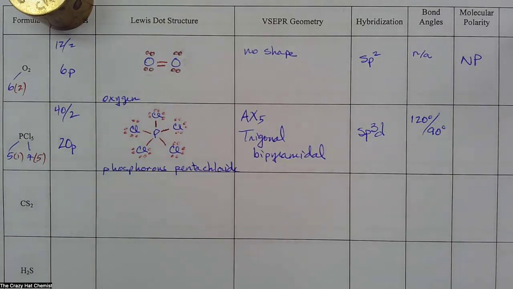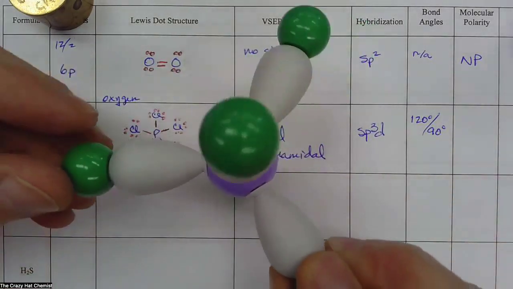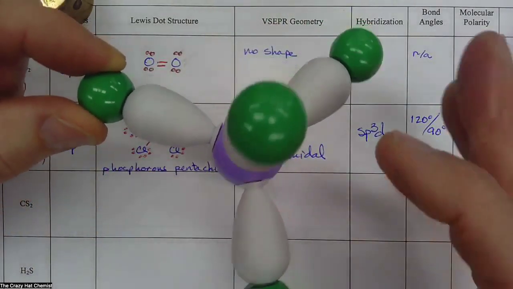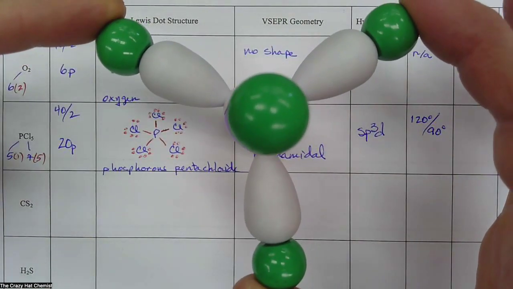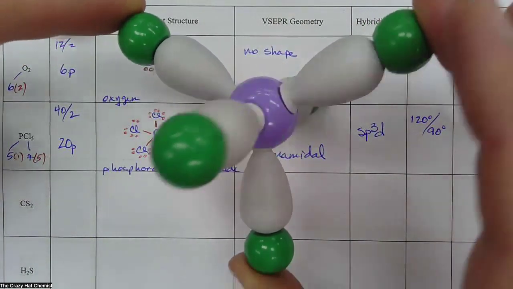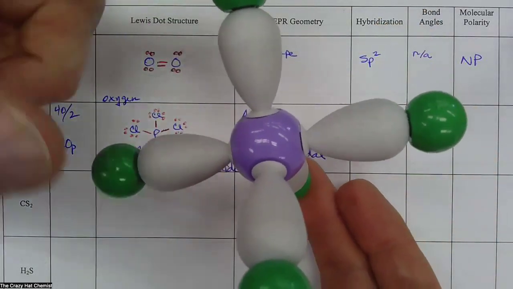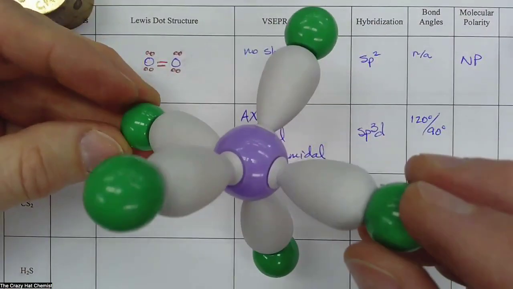Then what you're going to do is you're going to build that molecule, and here is that molecule. Let's check this out. So in the plane is a trigonal structure. All my fingers are touching the trigonal structure, and that's trigonal bipyramidal. Let's turn this, and then you can see that it is a bipyramid. There's a pyramid right here, and there's a pyramid right there. Has 5 domains.